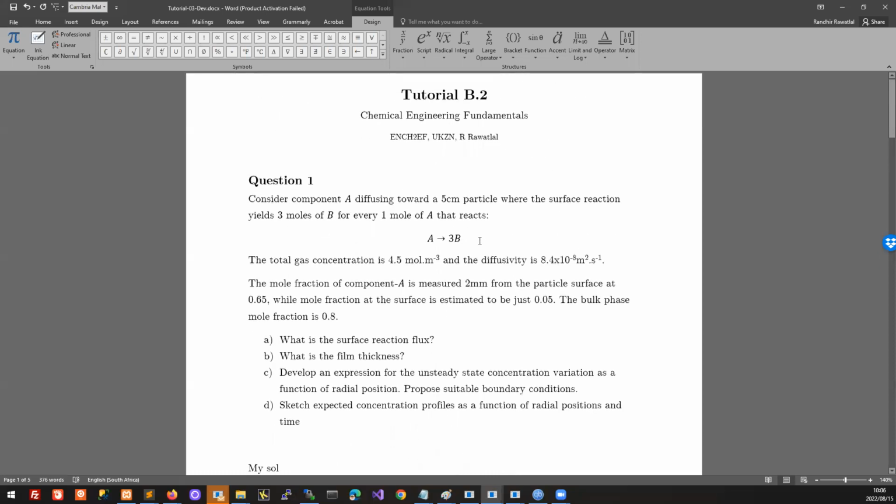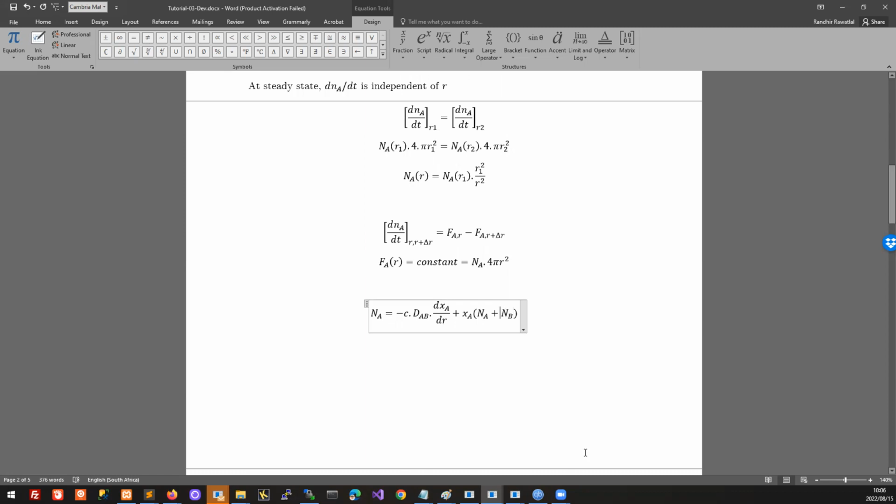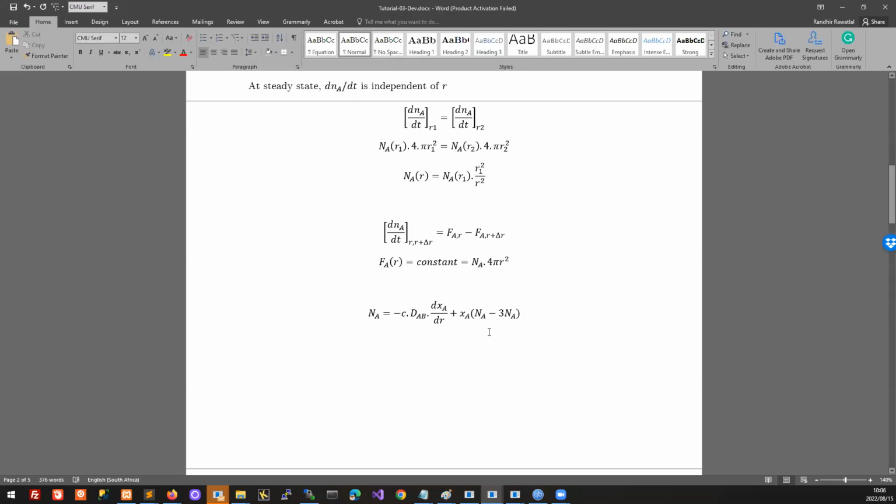And we've said from this that the molar flux of B is 3 times the molar flux of A, so N_B is minus 3 N_A.